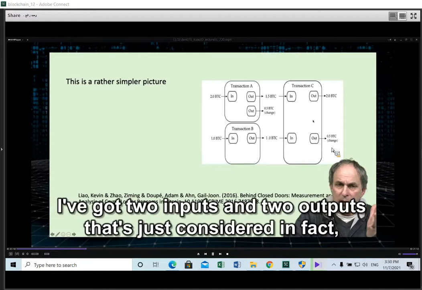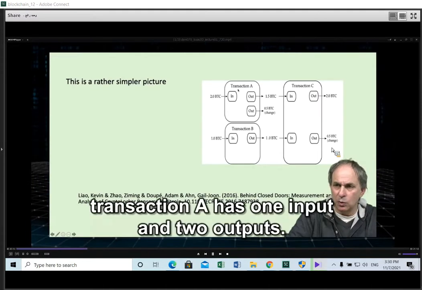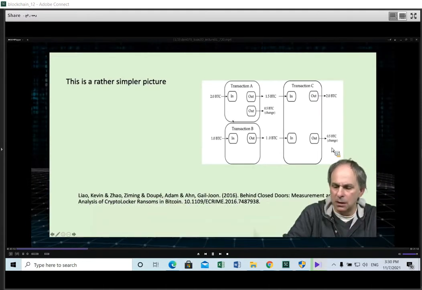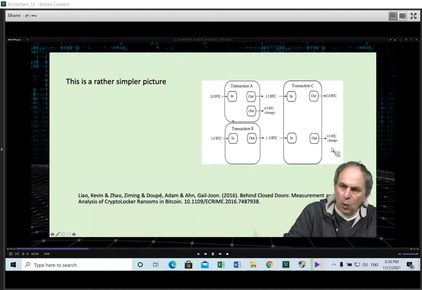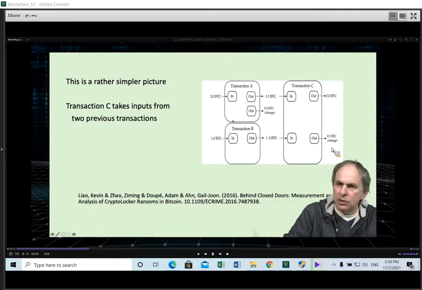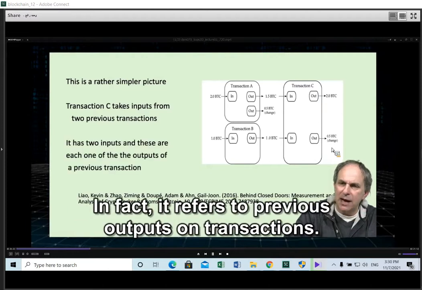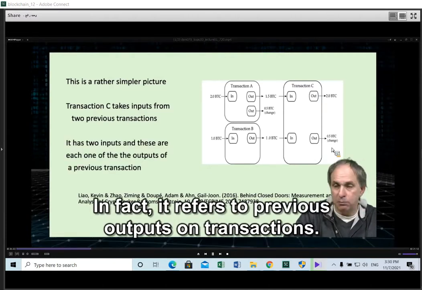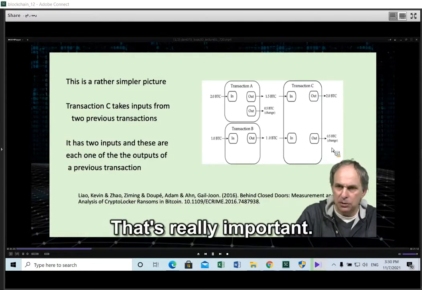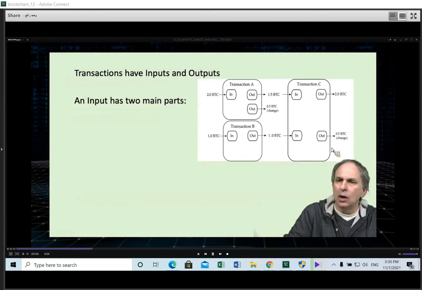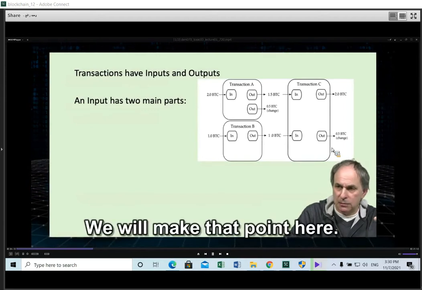That's just coincidental. In fact, transaction A has 1 input and 2 outputs. Okay. So the inputs to transaction C refer to previous transactions. In fact, they refer to previous outputs on transactions. That's really important, so we will make that point here.